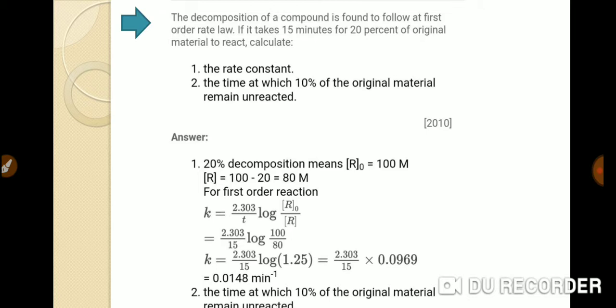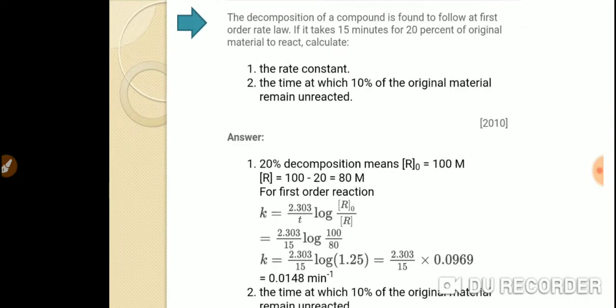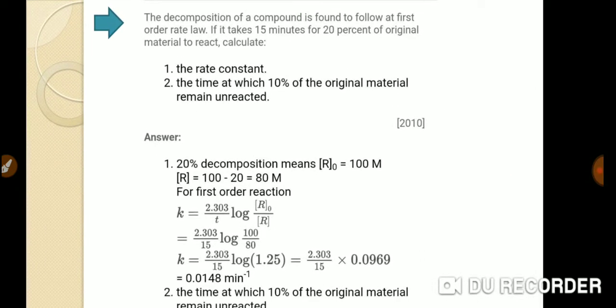20% decomposition means the initial concentration of the reactant was 100, and the final concentration will be 100 minus 20 equal to 80. For this first order reaction, you can apply the formula for the rate constant, which is 2.303 over t times log of initial concentration upon final concentration.